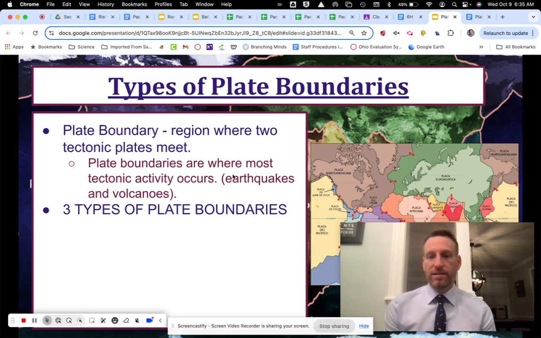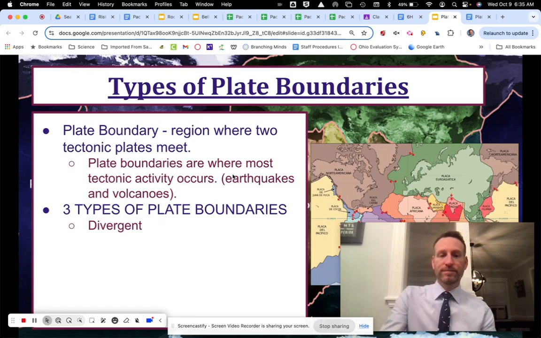All right, the main focus is these three boundaries. There are three types. Sub-bullets. So remember, you hit enter and then tab, or return and then tab. We have divergent, which we'll get into first, and we've already started when we've talked about seafloor spreading, because seafloor spreading is an example of something that can occur at a divergent boundary.